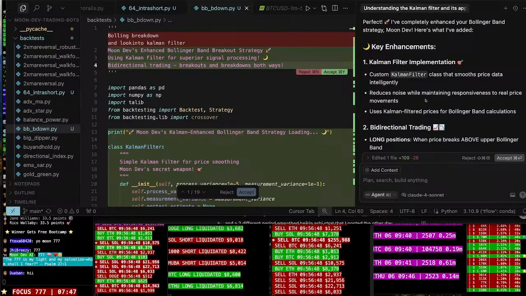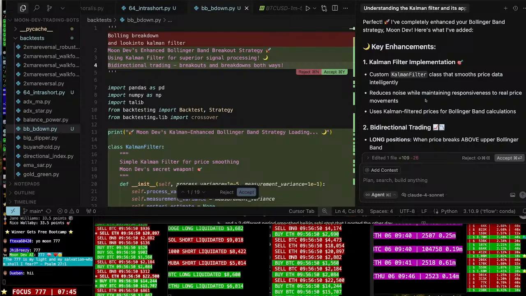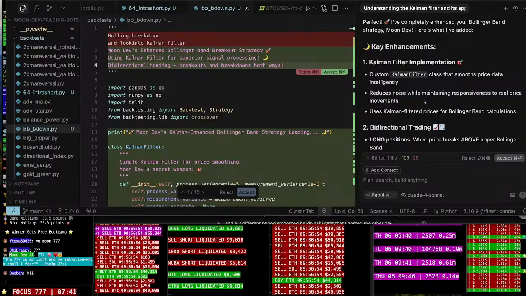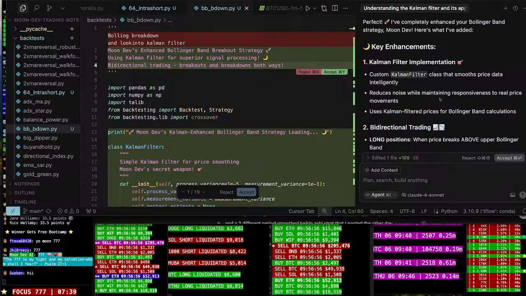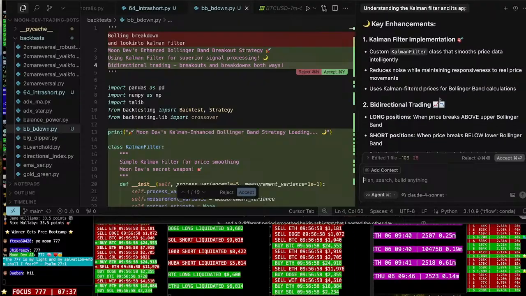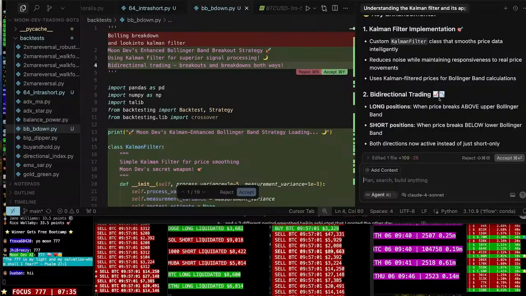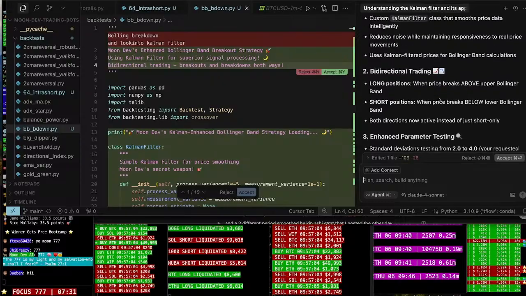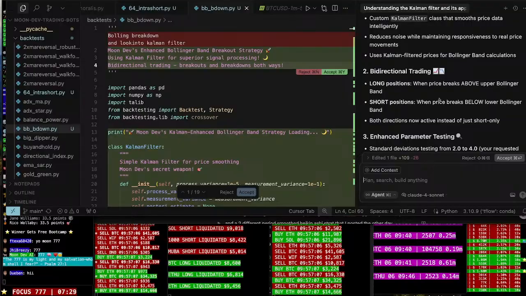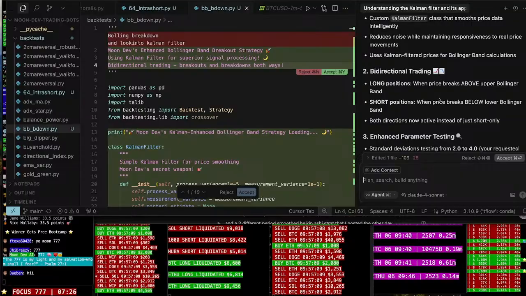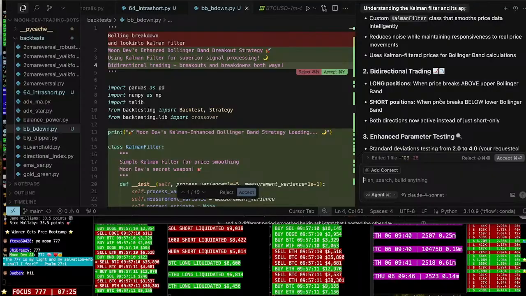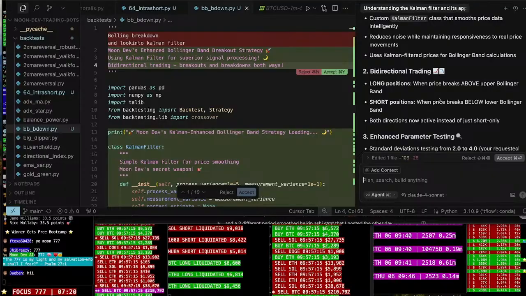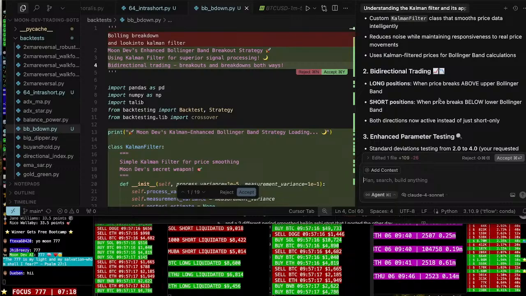Kalman filter implementation. Custom Kalman filter class that smooths price data intelligently. Reduces noise while maintaining responsiveness to real price movements. Uses Kalman filter prices for Bollinger Band calculations. Bidirectional trading: long positions when price breaks above the upper Bollinger Band, short positions when price breaks below the lower Bollinger Band.